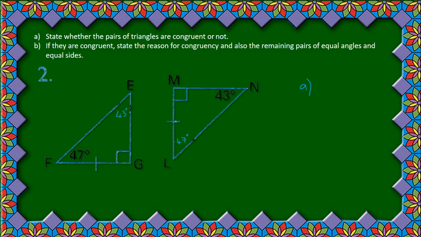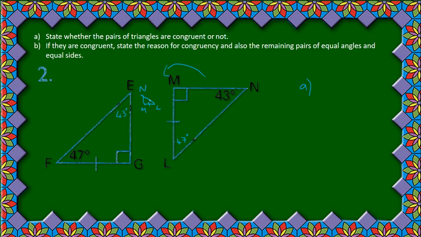So these two, if we look at them and we rotate this triangle so that it stands like this, where we now have M here and L here and N there, then these two would be, because we've got 3 and we've got this side that's also equal to that side. So now we've got 2 sides that are equal and 2 angles that we know of that are equal.